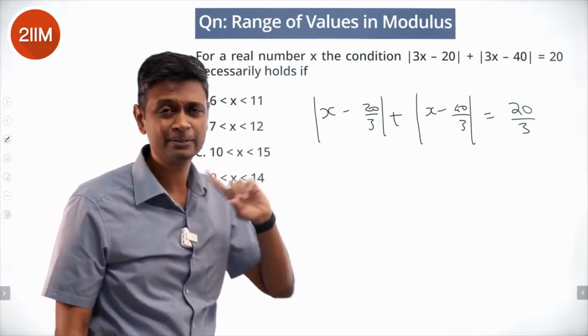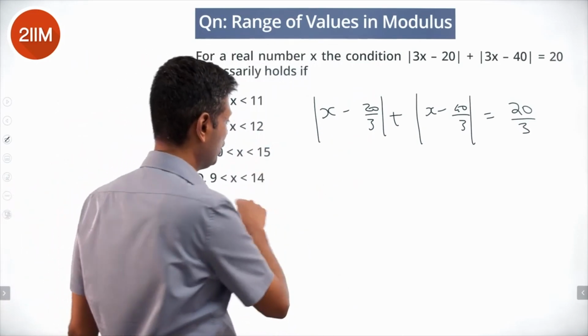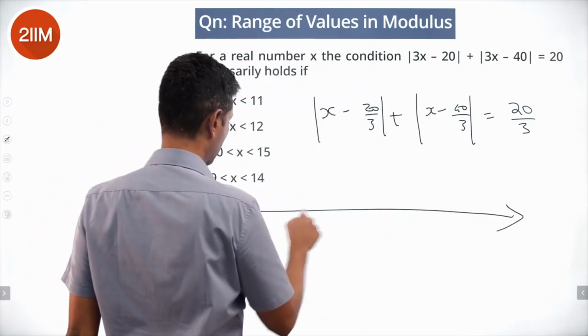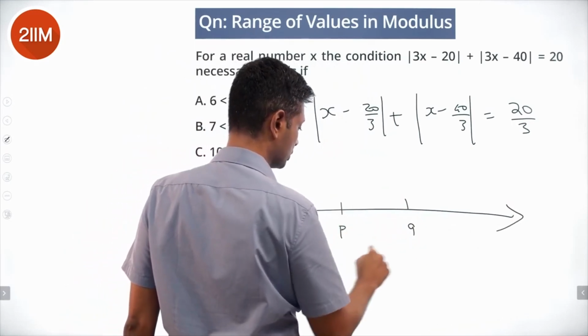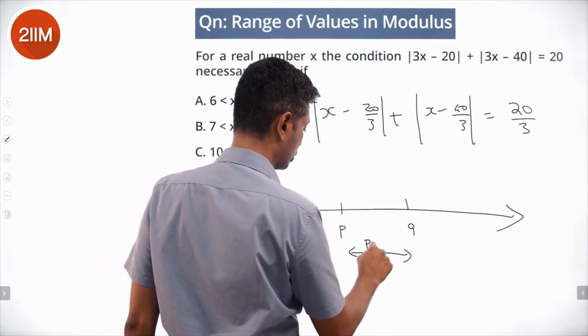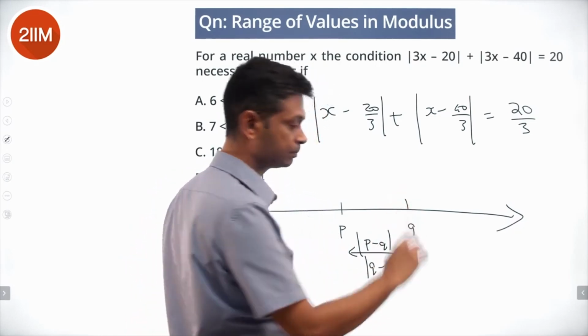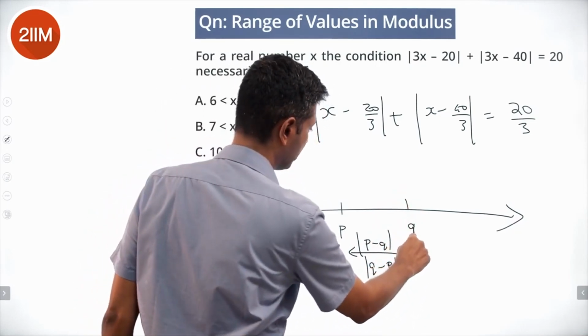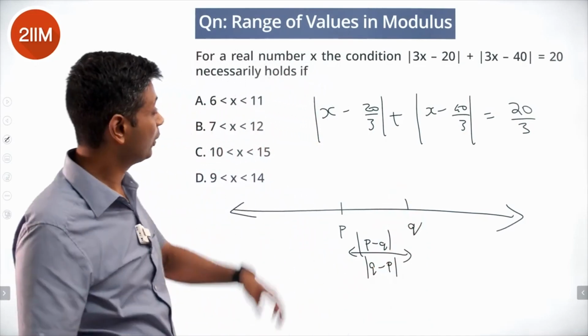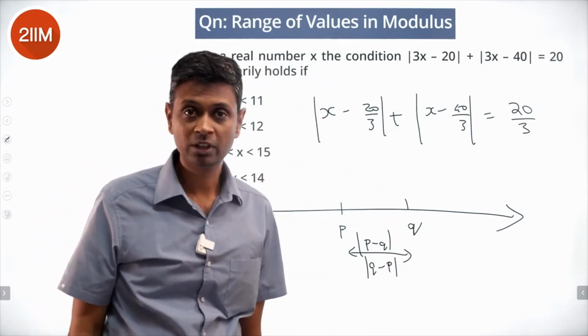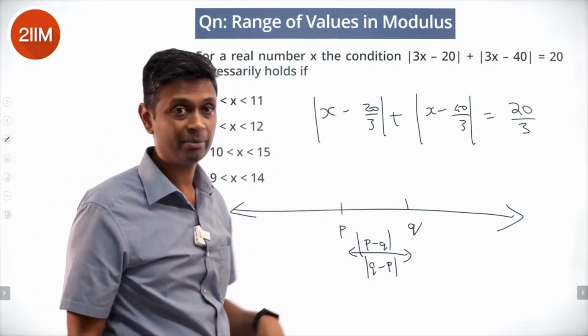We're dealing with x. What are we going to do? We know that if you have 2 points P and Q, distance between them is modulus of P minus Q, which is nothing but modulus of Q minus P. Now we have 20 by 3 and 40 by 3. The distance between them should be 20 by 3.